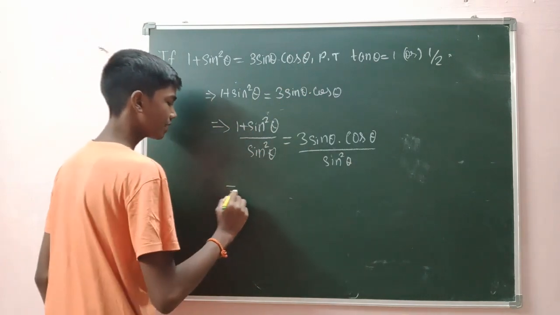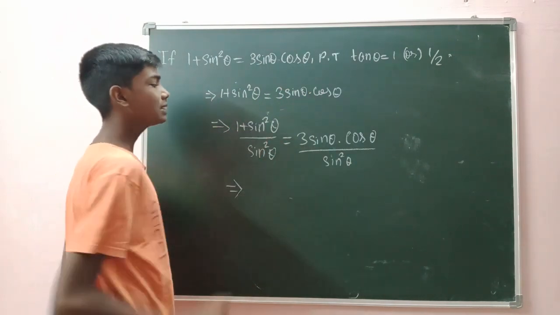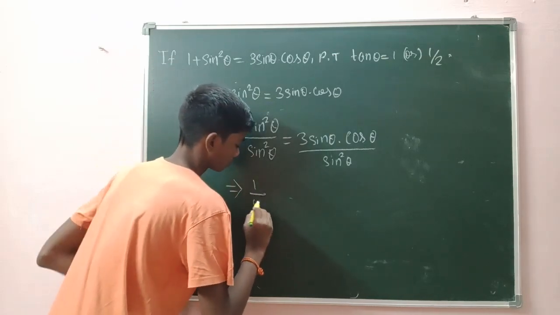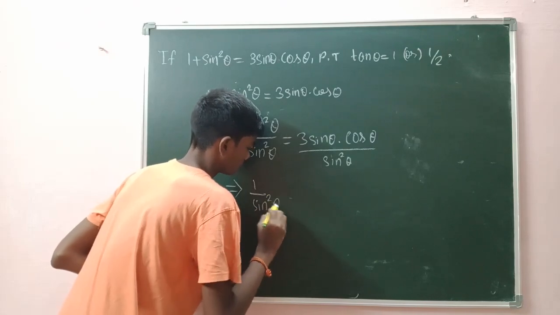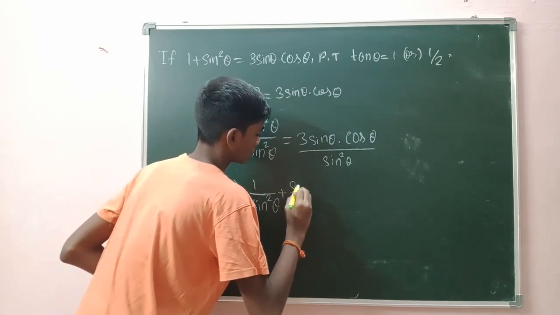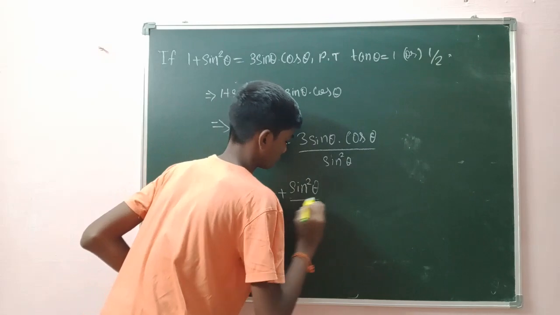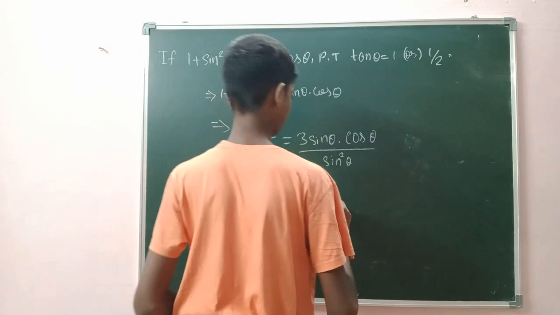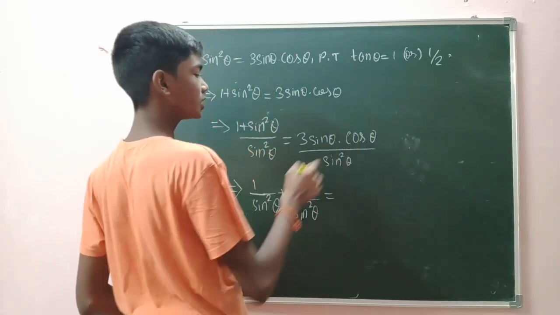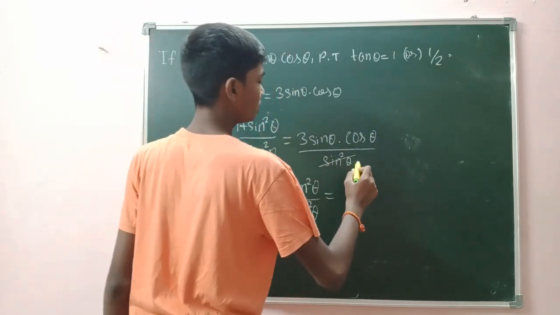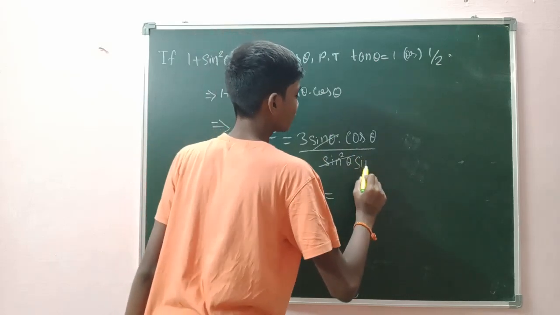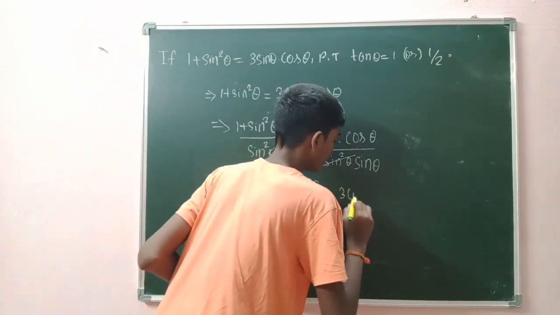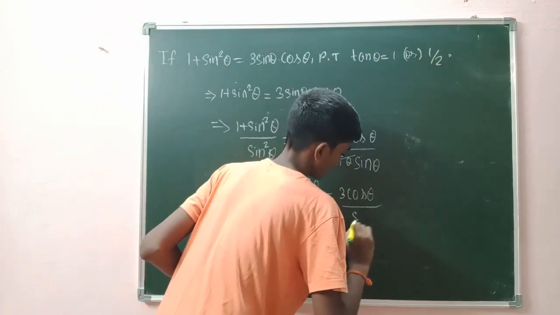So now, I can write it as 1 by sin square theta plus sin square theta by sin square theta, which is equal to 3 sin theta cos theta by sin square theta. So 1 sin theta and 1 sin theta can cancel, and I will be left with sin theta in the denominator. So this will be nothing but 3 cos theta by sin theta.